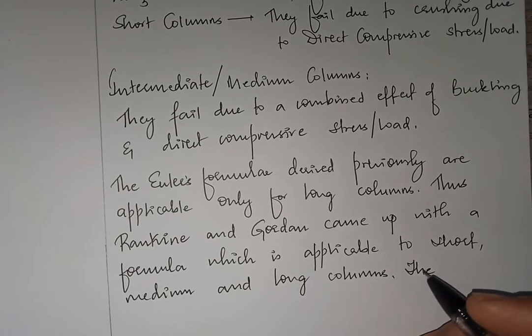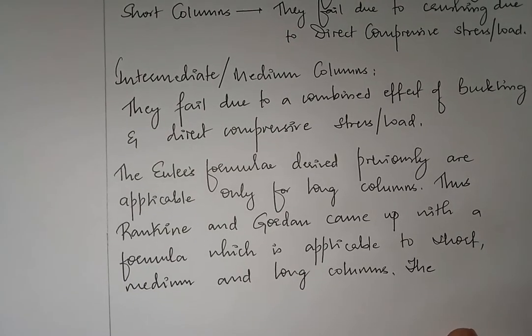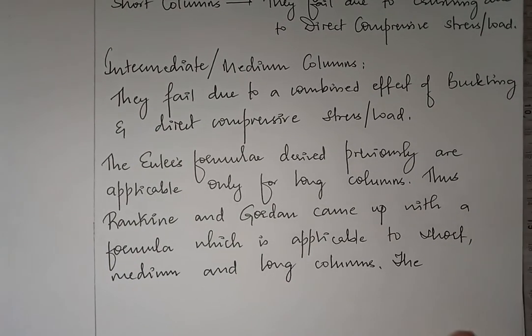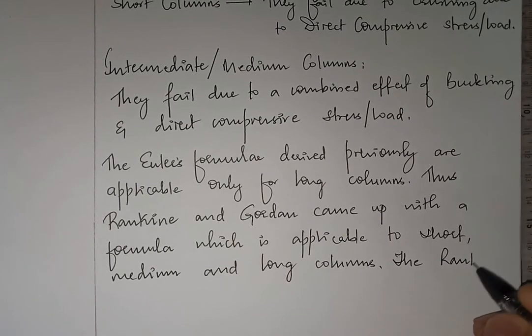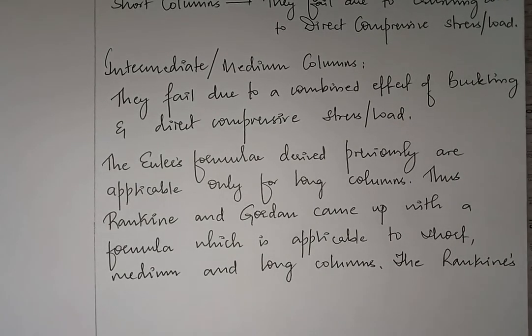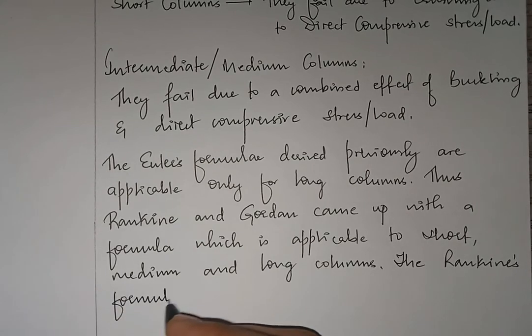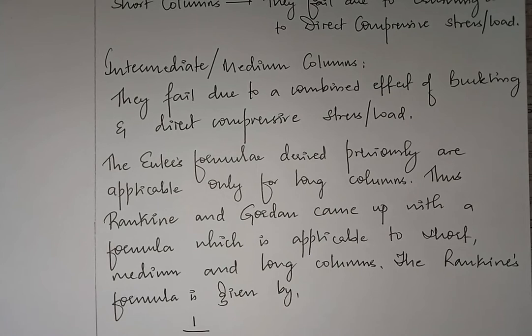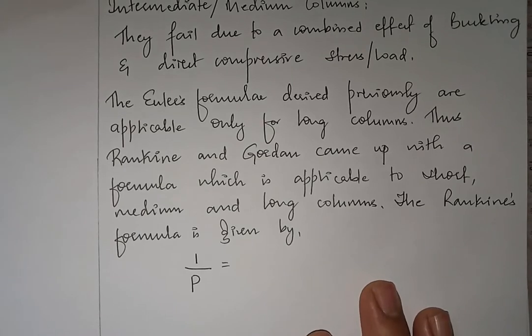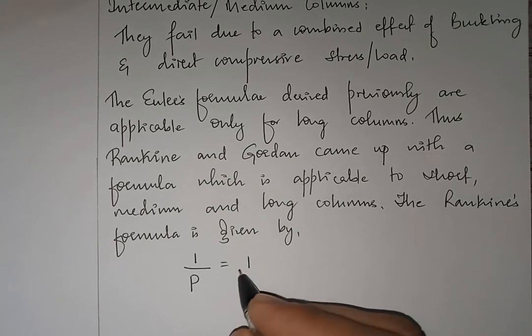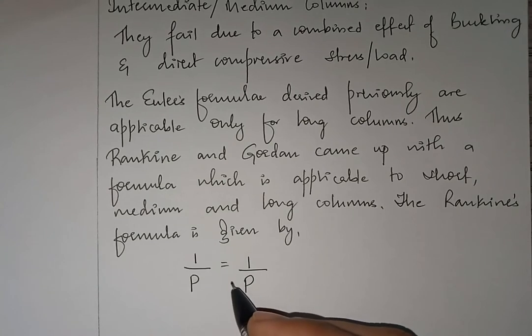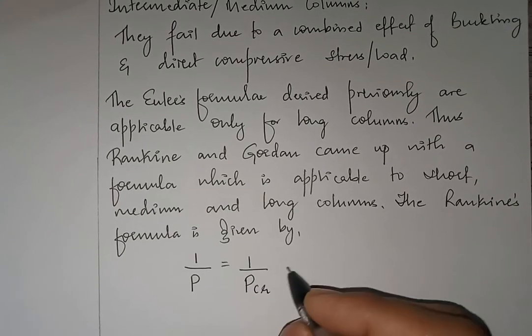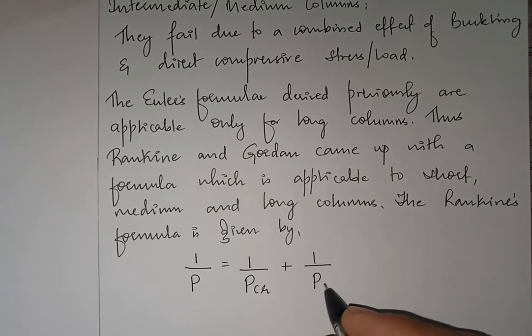The Rankine's formula is given by 1 divided by P is equal to 1 divided by PCR plus 1 divided by PC.